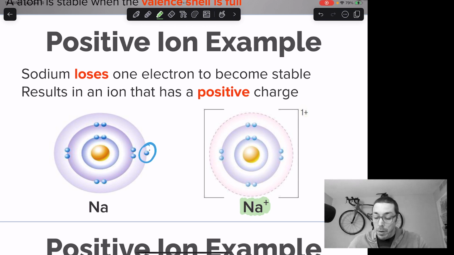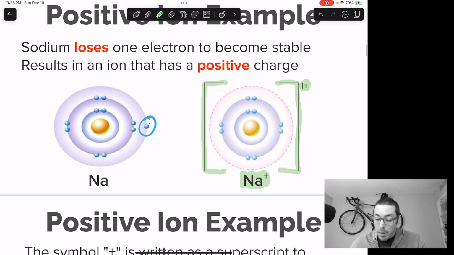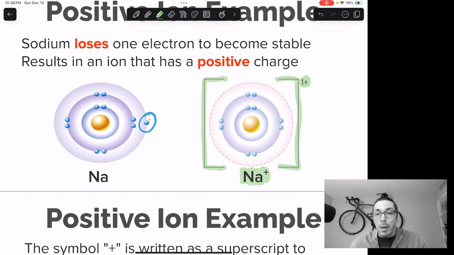We want to put square brackets around it, and we also indicate the charge by writing that outside the square brackets, just up in the top corner. So that would represent sodium +1, and it's a +1 ion because it had just one electron that it wanted to get rid of to empty out that valence shell.